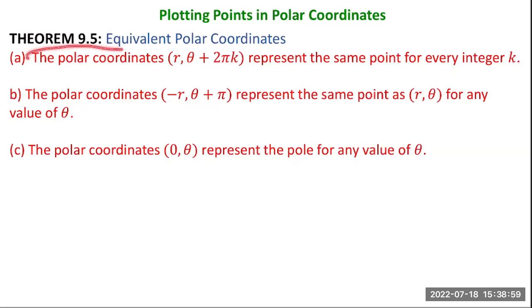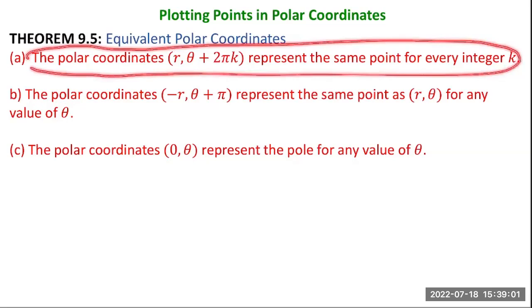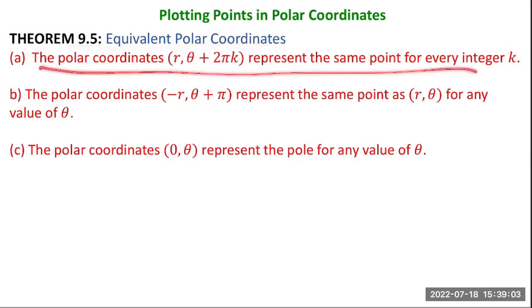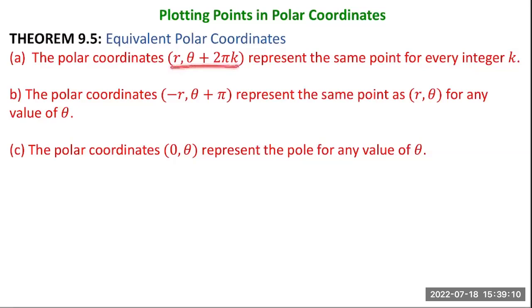Let's see whether we can see geometrically that this is true. What does the statement say again? The coordinates r comma theta plus 2 pi k represent the same point for every integer k. Is that true? Every integer k means you get points like this, as justification of part A. If you put k equal to 0, it is just r comma theta.